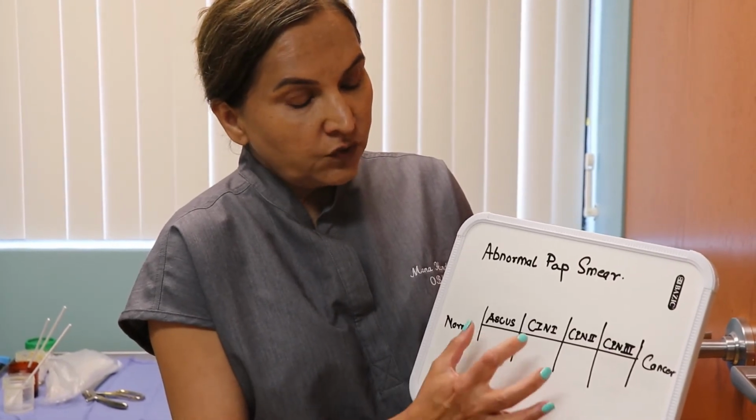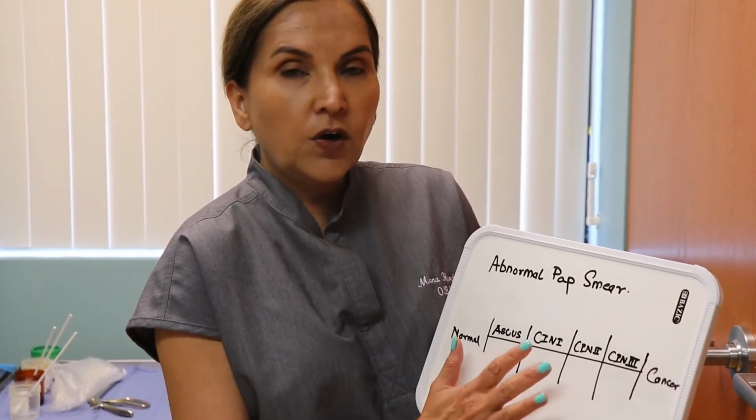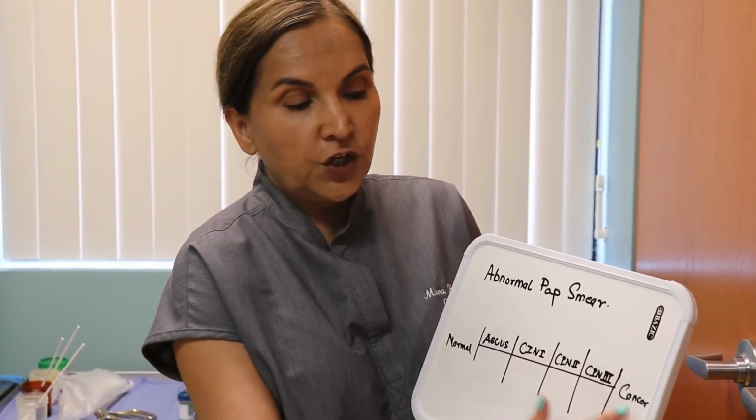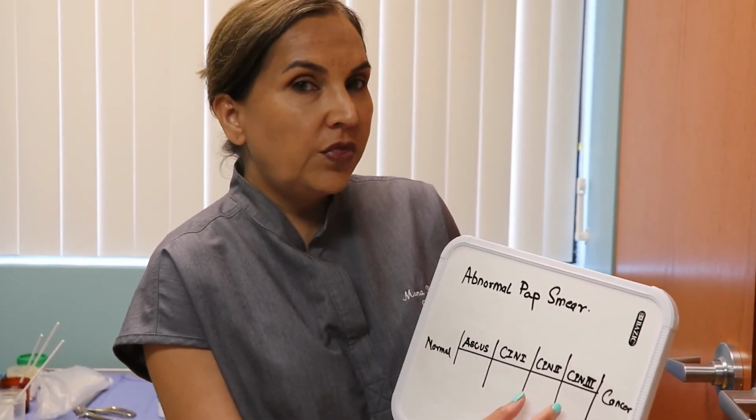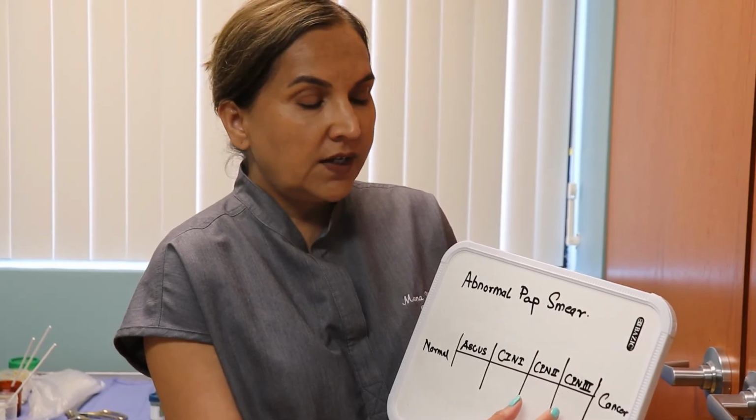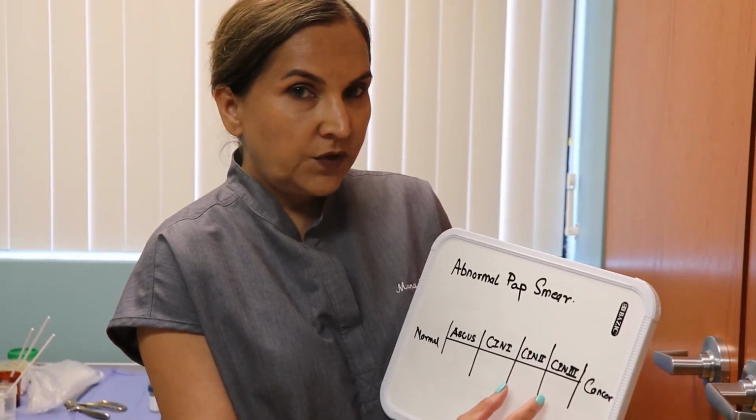So these two, which are ASCUS or the CIN1, usually don't need any treatment because chances of these converting into cancer are very low. But these two, the CIN2 and 3, which are mid and high grade, will need some kind of treatment.